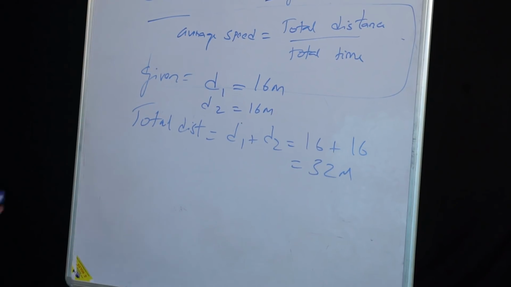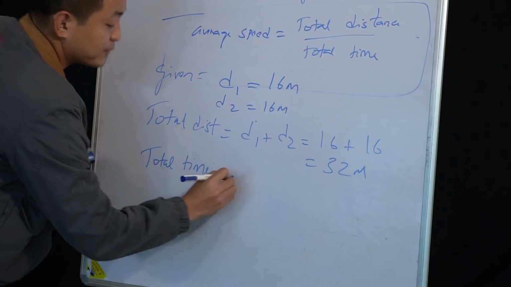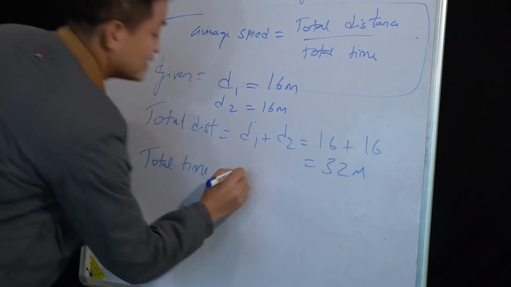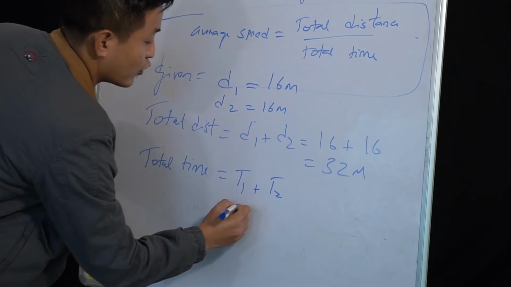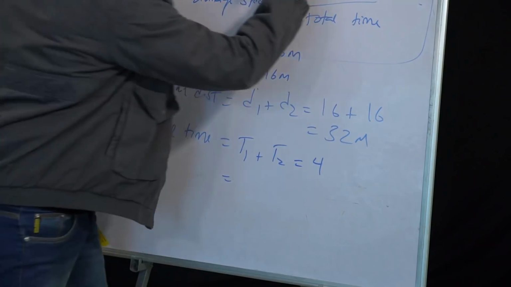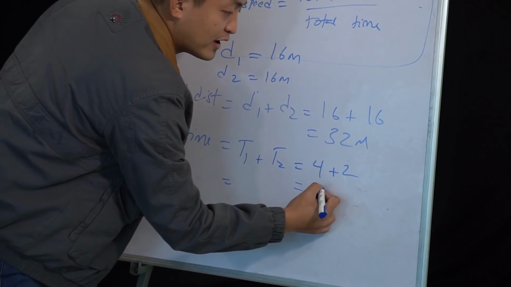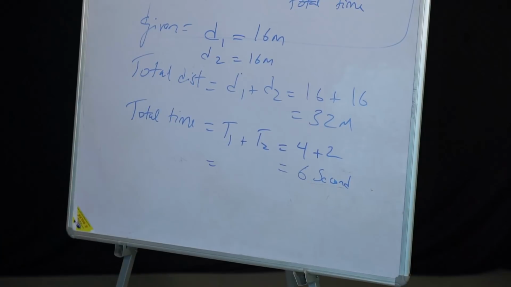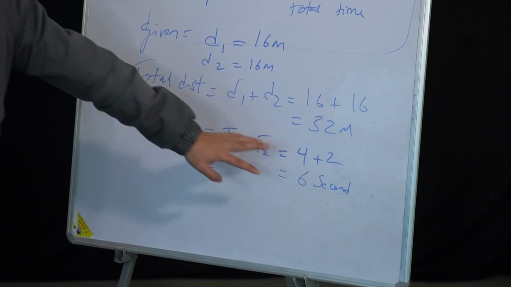Now let's calculate the total time. Total time would be T1 plus T2. T1 here is 4 seconds, and T2 here is given as 2 seconds. Clear? 4 plus 2, so we have 6 seconds. So we have the total distance here and the total time here, 6 seconds.